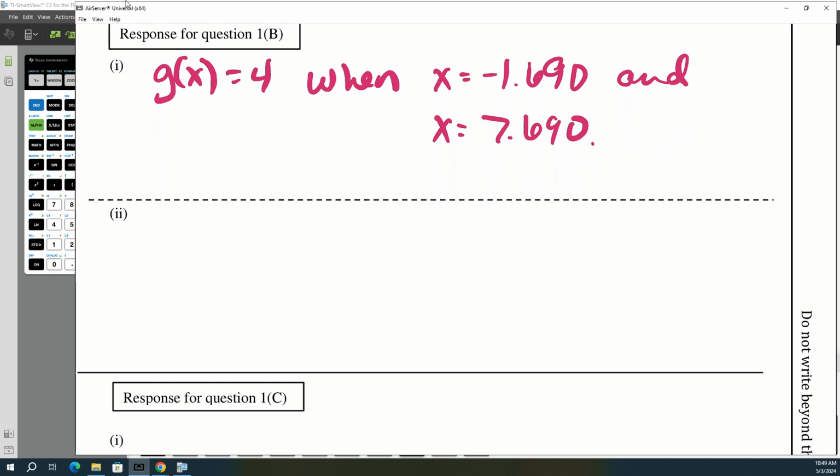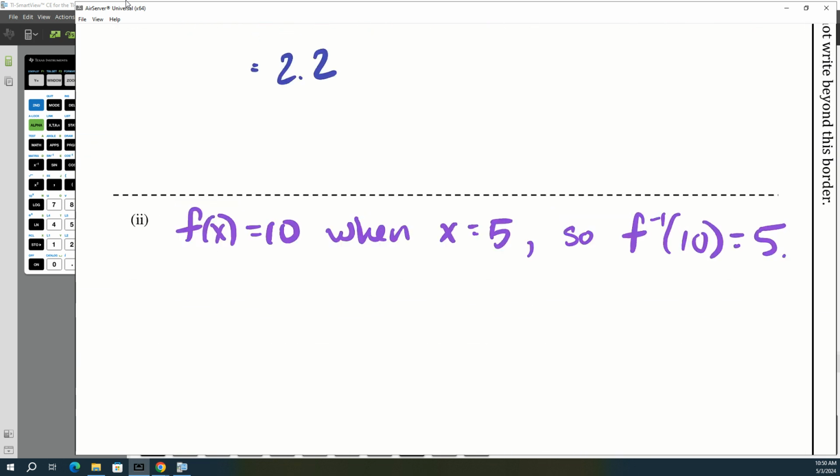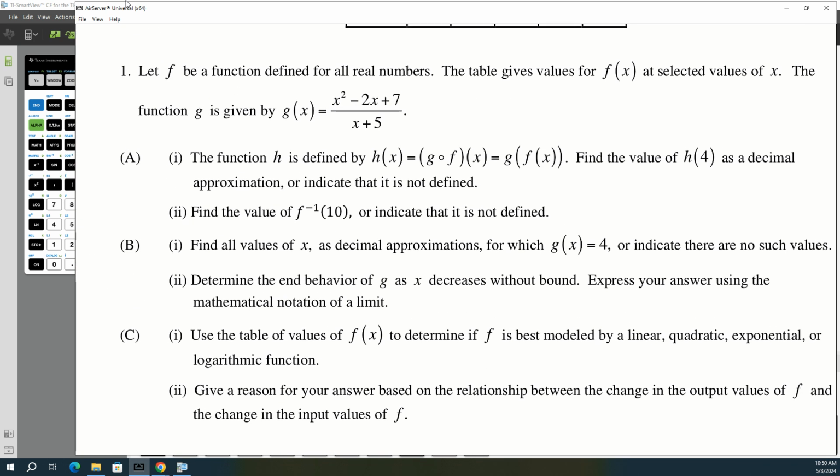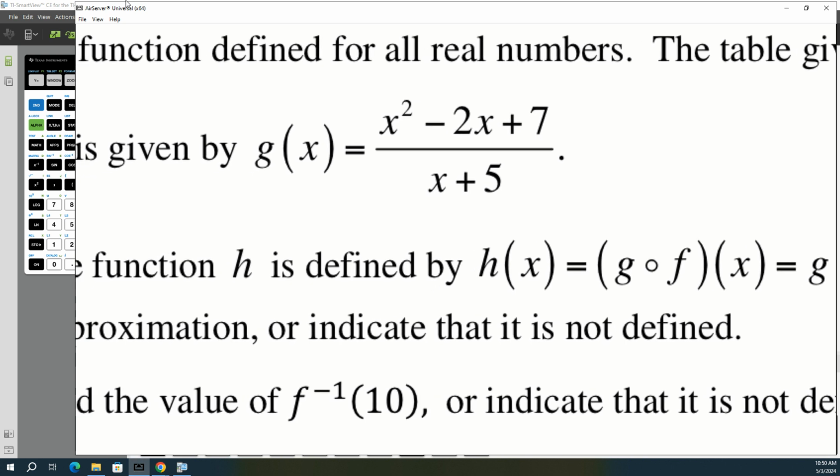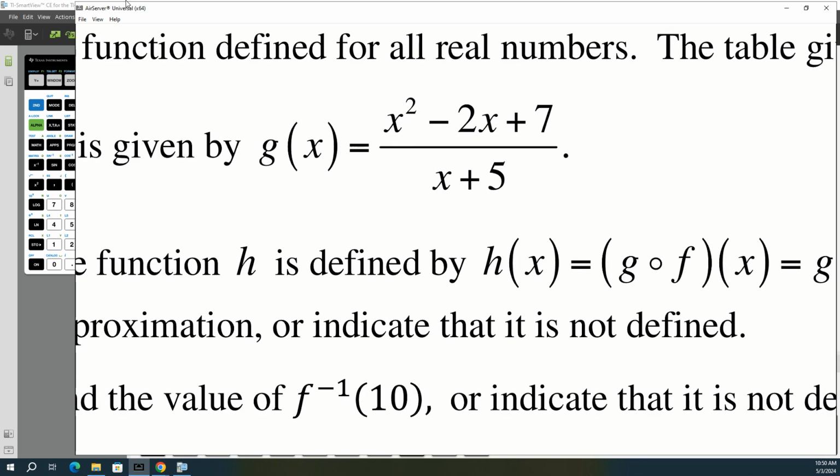When we first learned about the end behavior of rational functions, the end behavior can be the horizontal asymptote. Does this one have a horizontal asymptote? I really need you guys to know this. If the degree of the numerator is greater than the denominator, does it have a horizontal asymptote? It doesn't. So we can't give the horizontal asymptote.